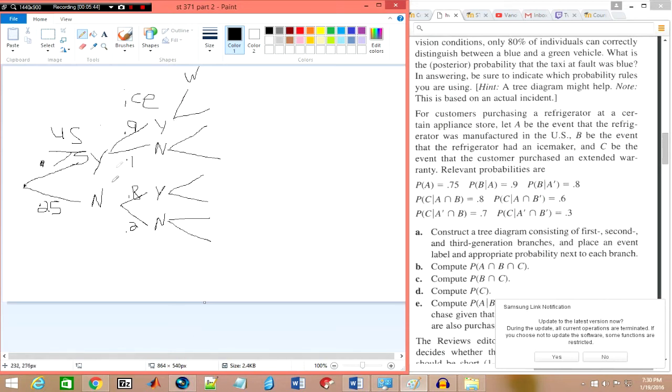So this is going to be the probability of C given B and A, B intersect A, because both of them have to happen.